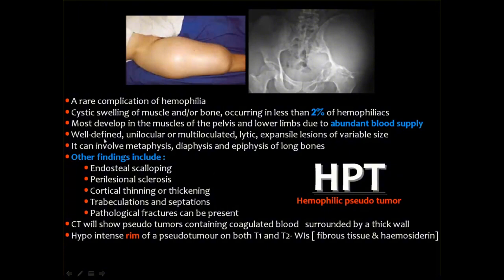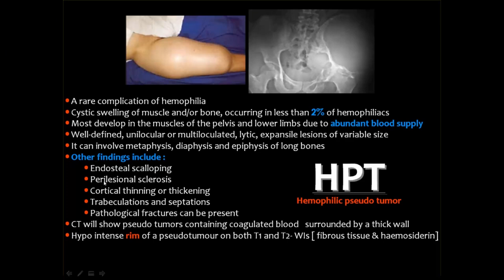This lesion is a well-defined unilocular or multilocular lesion with internal septations. It is an osteolytic expanding lesion, usually of a very big size, and it may involve the epiphysis, the metaphysis, or the diaphysis.